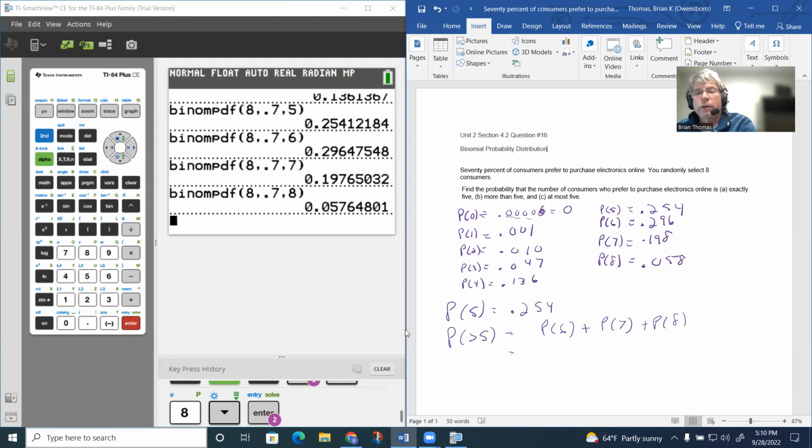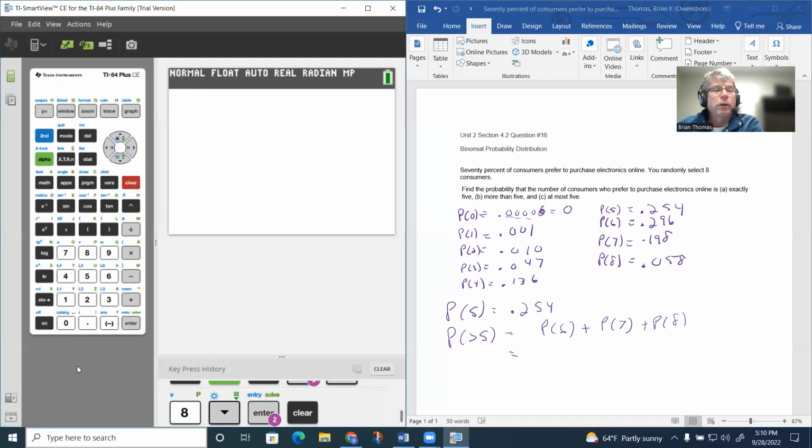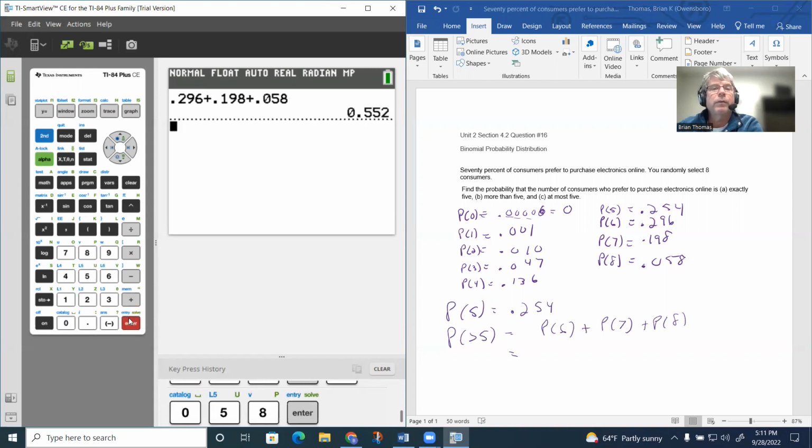So I'll clear all this up here. 0.296, that was the 6th one, plus the 0.198, plus then the 0.058. Hit enter, and that'll give us 0.552.